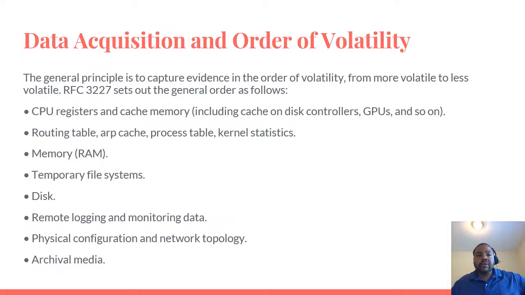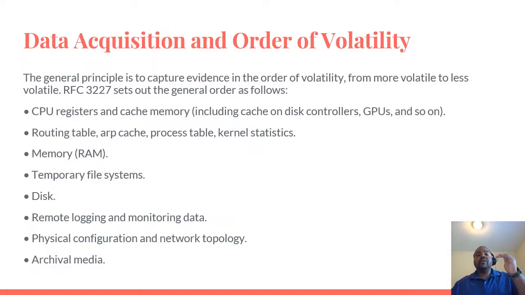So this order here will show, from top to bottom, which is going to delete the data first. I want to say cache, but cache is something of its own. So I want to say it has the memory of it.